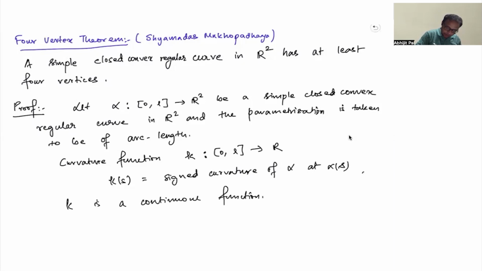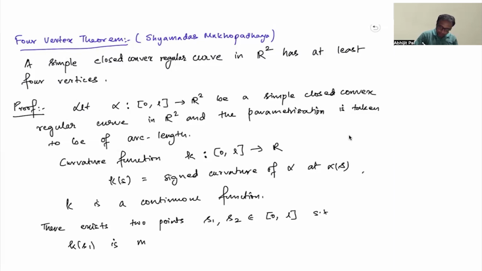So there exist 2 points s1, s2 belonging to this interval [0, L], such that K(s1) is, say, maximum and K(s2) is minimum.